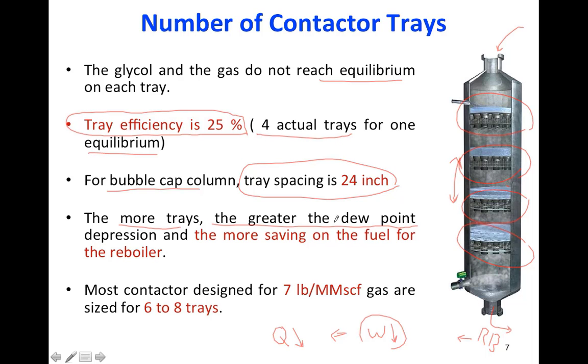But adding more trays comes with some expenses, maintenance expenses, construction expenses, and some other issues. So there should always be a compromise between all these parameters when we design the column. If you increase one parameter, you will affect other parameters.